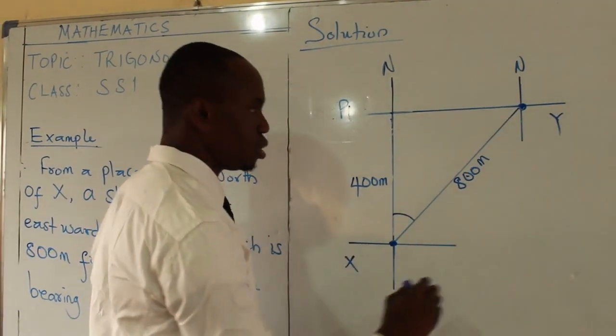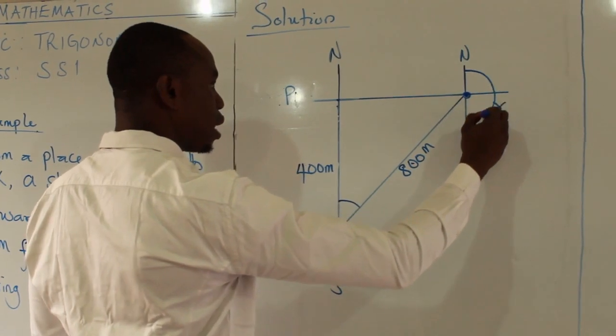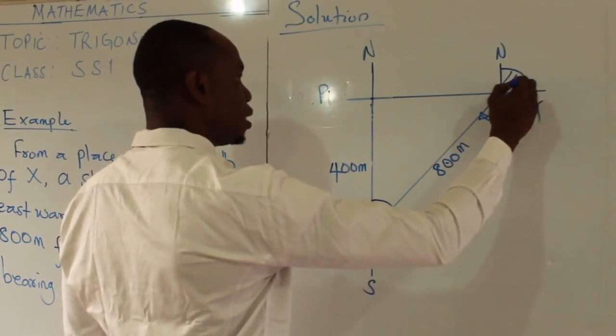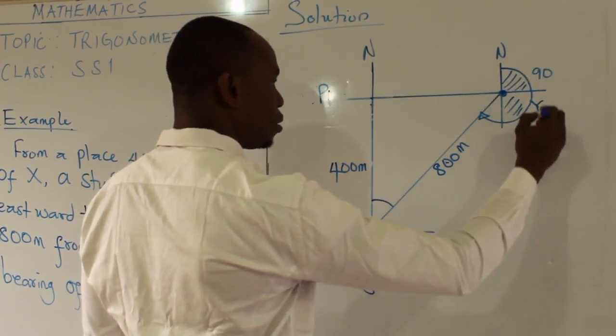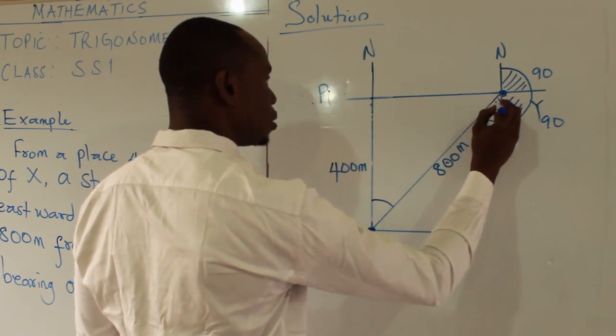What is the bearing of this point measuring from this point? So our interest is to know the angle from this direction round to this point. We are sure that this part is 90 degrees. This other part is another 90 degrees. Our interest is to get this point.